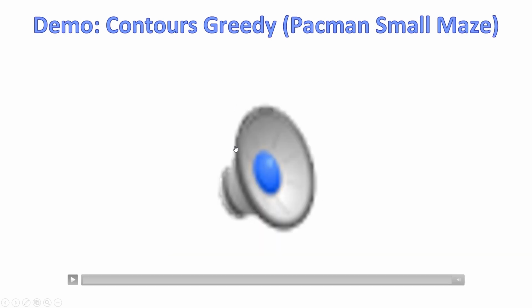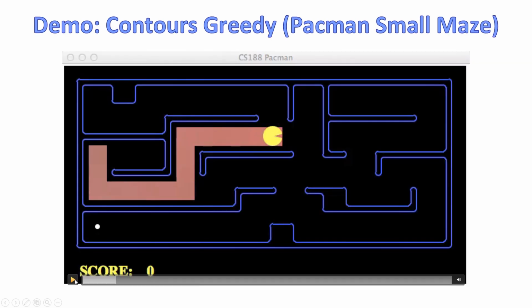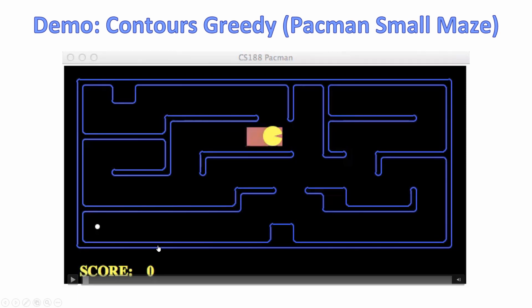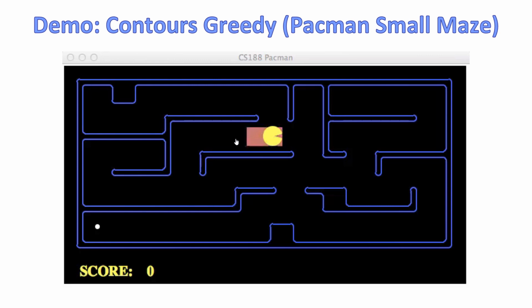Here's another example with the maze. Let me first explain what will happen here. Here we have a maze, of course, with walls, and we need to go from this position to that position. And what you will see now is a pattern of going through the states by Pac-Man.